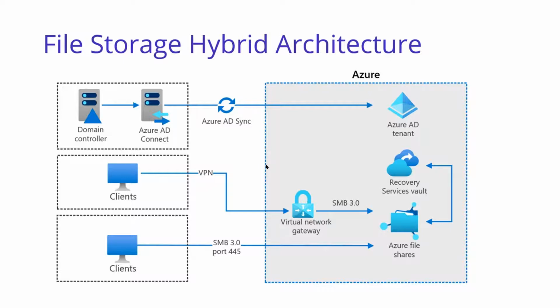When you're setting up a file share, you can go ahead and mount it, but Azure requires access to port 445. Now, some organizations and some internet providers don't allow access to that. It might be blocked. So what you could do is set up a virtual network gateway to provide access to that file share. You can also secure that and authenticate with Azure Active Directory if you want to really tie down who should be able to access or mount that file share.